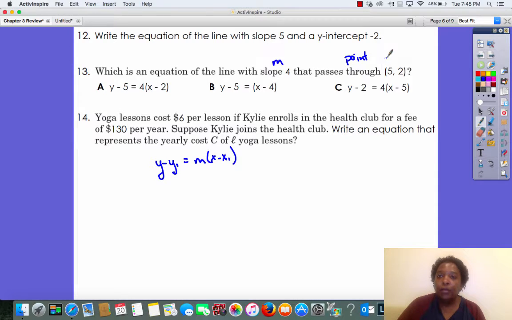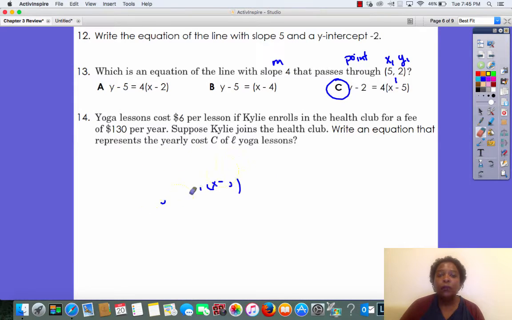But the point, again, each point has its own x and its own y, so we label. This is my only point, so this is going to be sub 1s. I'm going to plug these in. Y minus my y sub 1 is 2 equals my m is 4 times x minus my x sub 1 is 5. And we can stop here and check to see, are any of these close? Yep, right here.